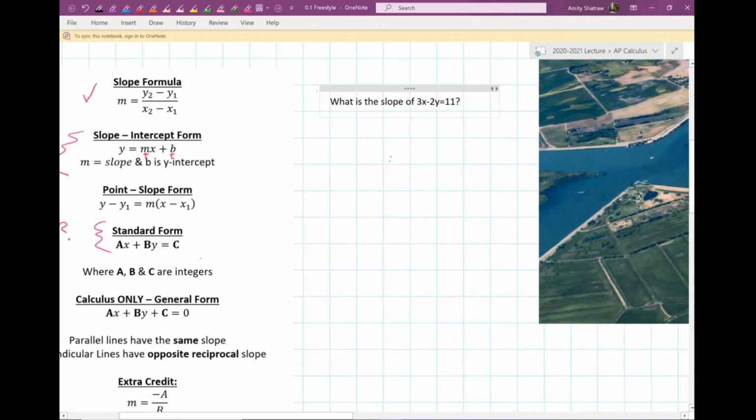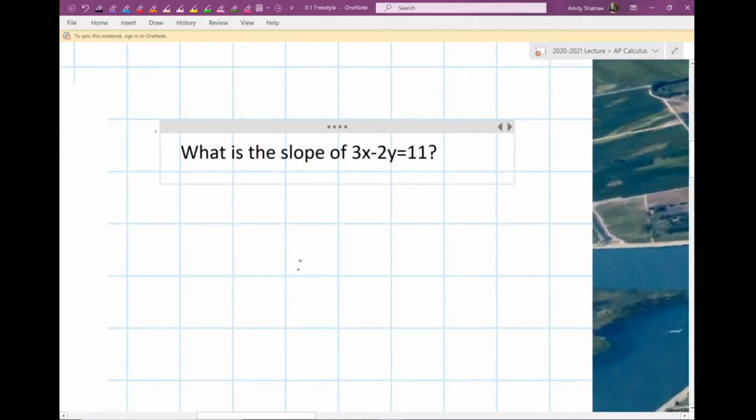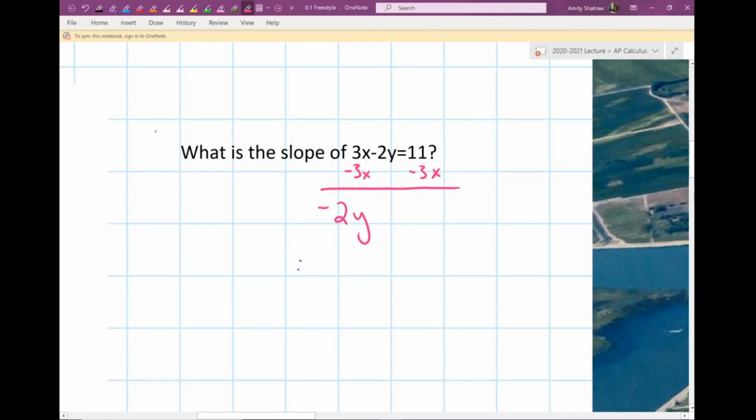Do you remember that we might minus 3x from both sides? Negative 2y is the only thing that's left on that side, so I'm bringing it down. There's my equal sign. I always like to write these in the proper order. I want to put the thing that's going to be the slope in front, and the y-intercept in the back.